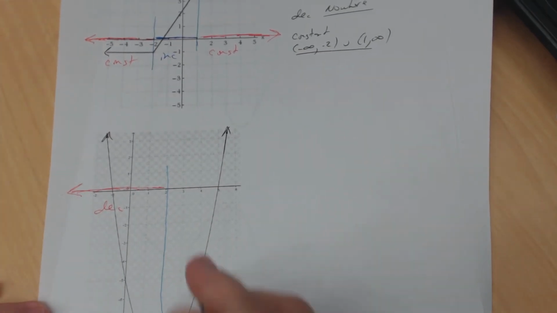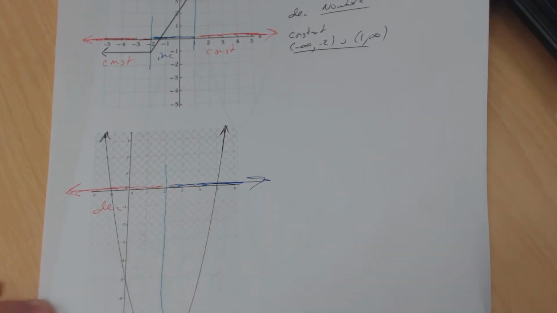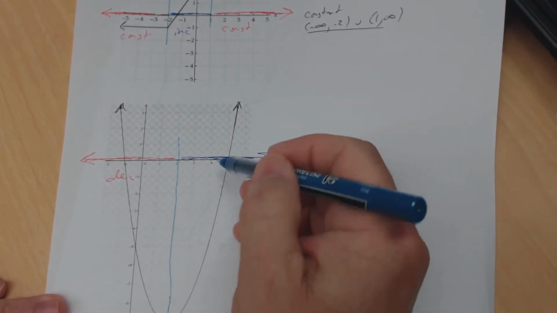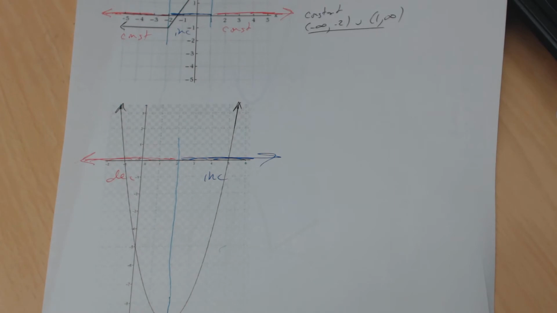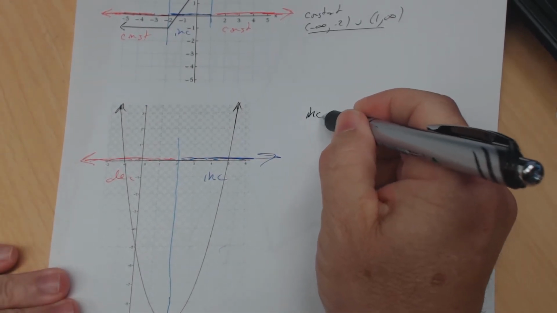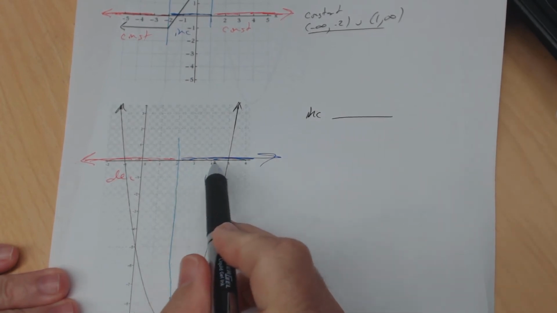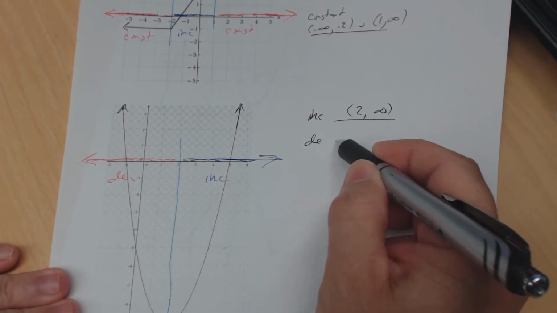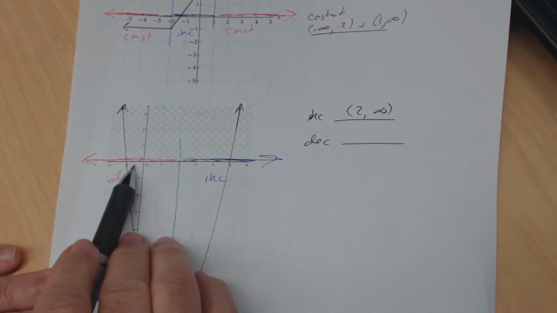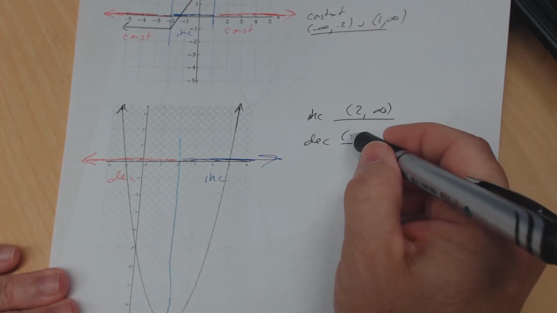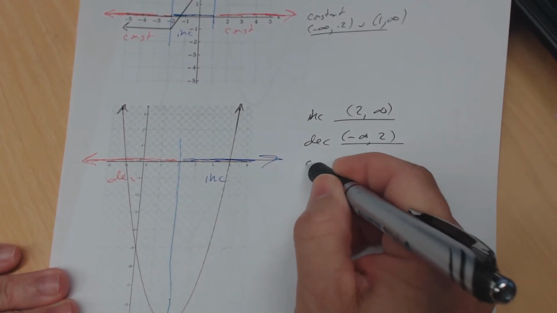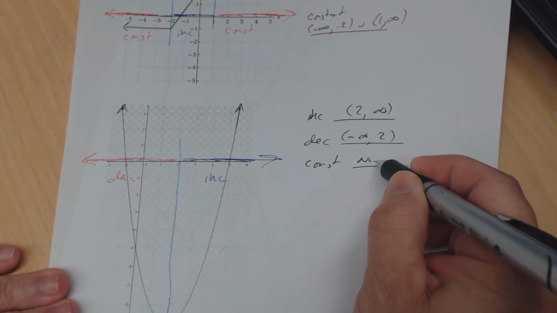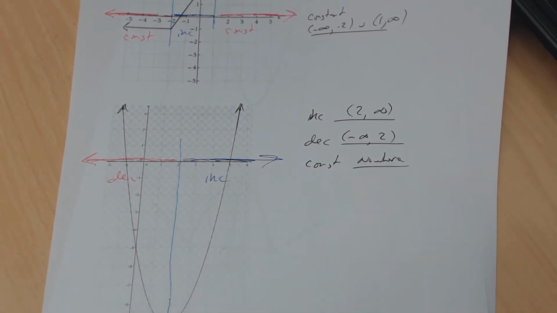And then from here to infinity, my y values are increasing. Okay? All right, so where is it increasing? Well, it's only increasing from 2 to infinity. Where is it decreasing? Well, it's decreasing from negative infinity to 2. Where is it constant? Nowhere.